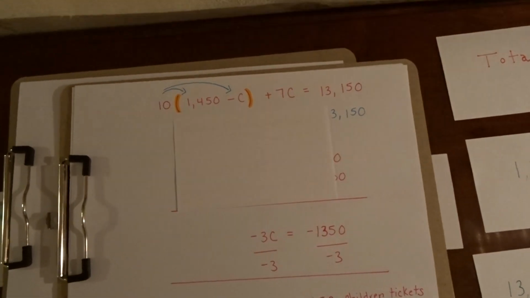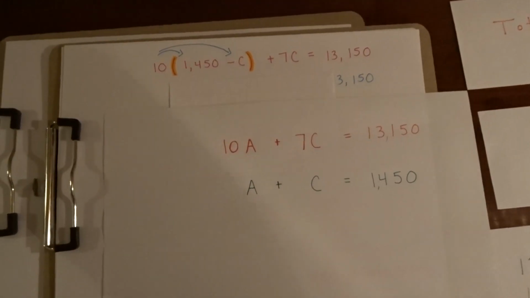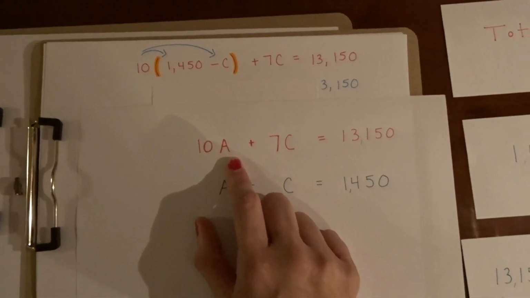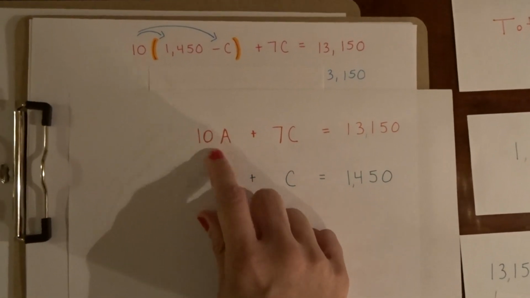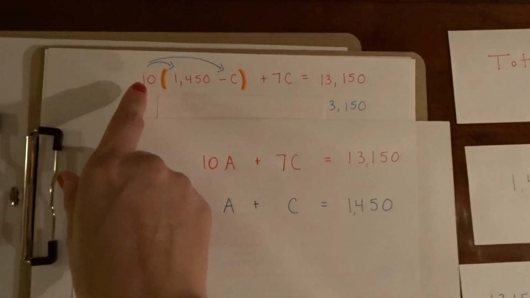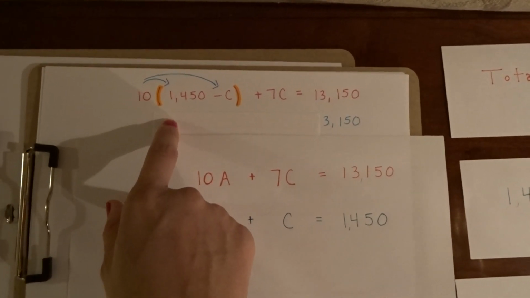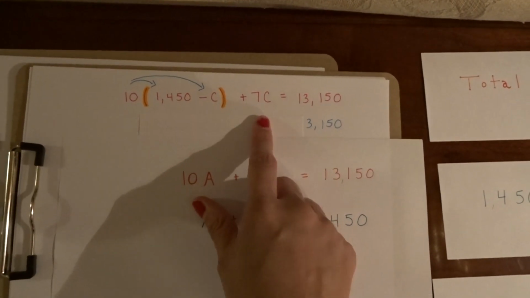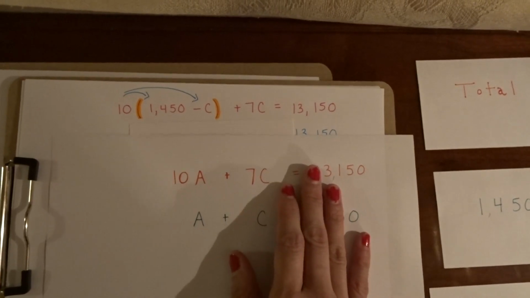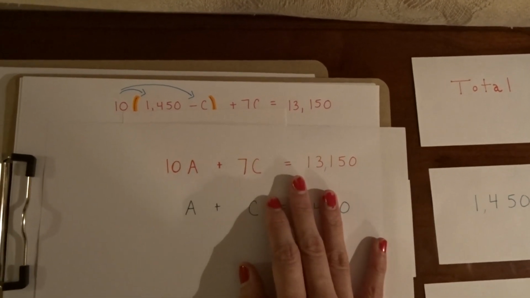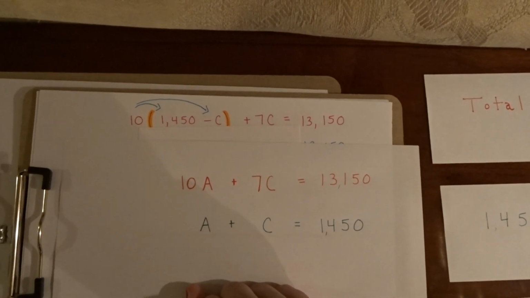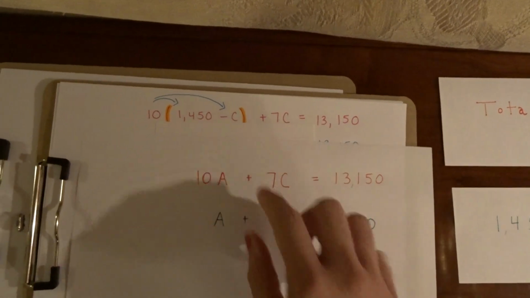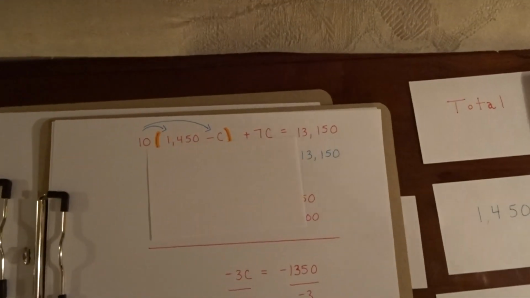All right, so we plugged it in. We substitute 1,450 minus c into the first equation, in for a, because that's what we solved for. So in doing that, we have 10 times parentheses 1,450 minus c, close parentheses, plus 7c is equal to 13,150. So up here, everything is in terms of c, everything is in terms of one variable, which is what we want.